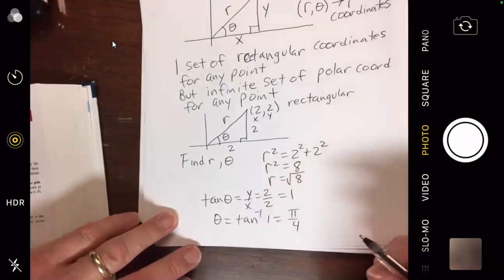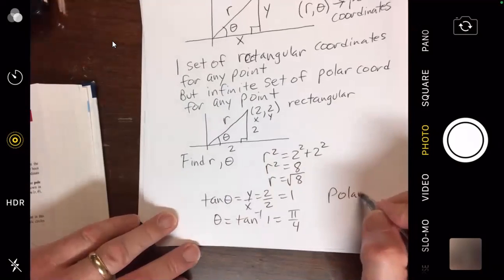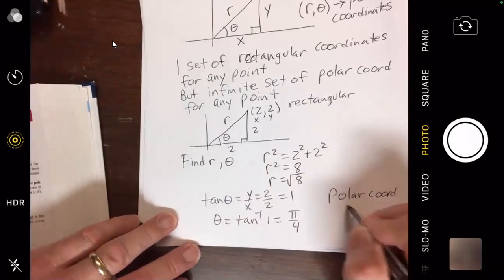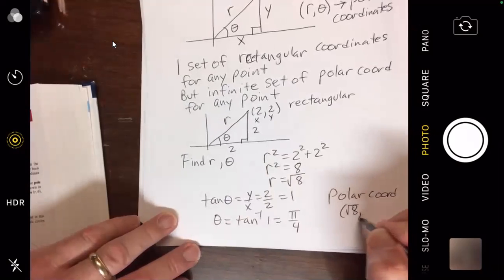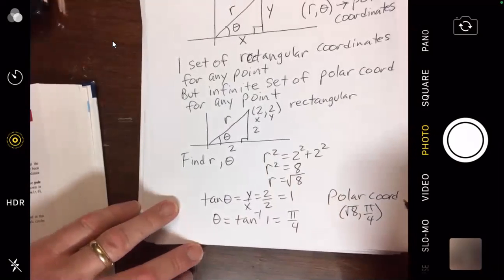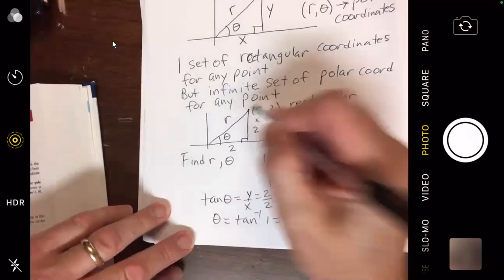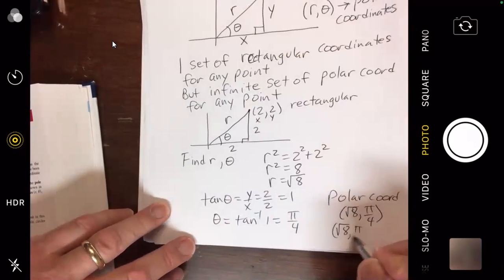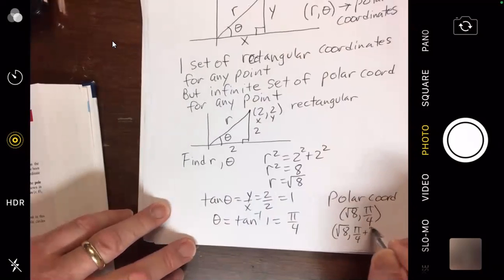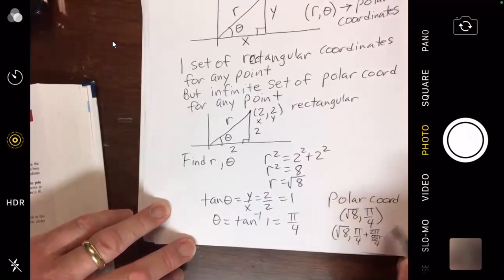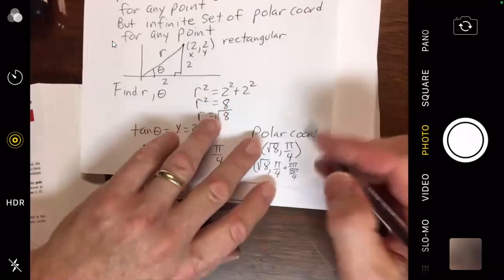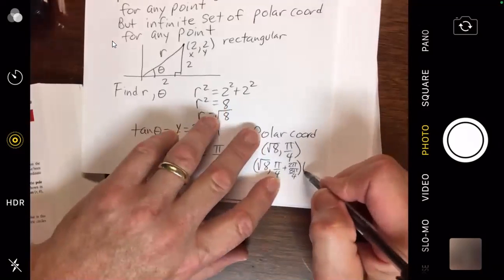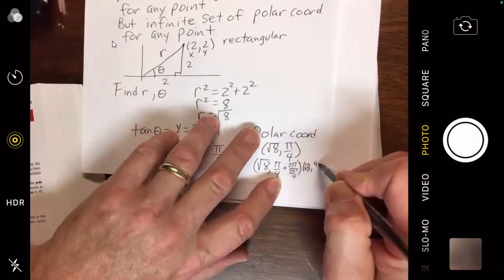So my polar coordinate is root 8, pi over 4. But you see, you get to the same point if I went root 8 and pi over 4 plus 2 pi, which is 8 pi over 4. That means you get root 8, 9 pi over 4.